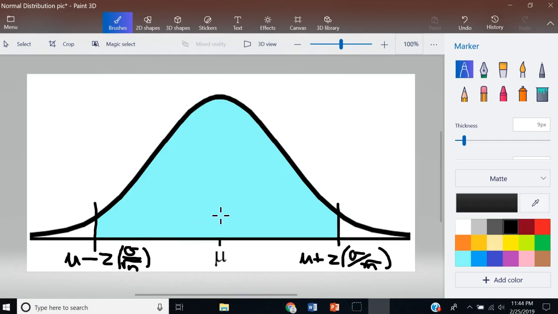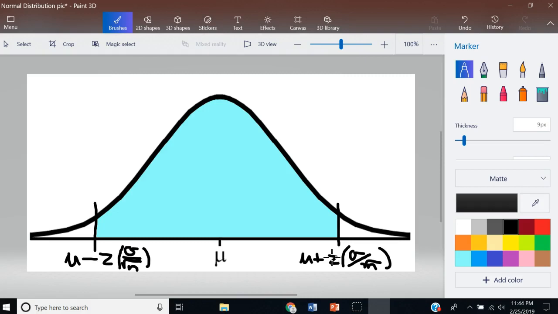But what the central limit theorem says, now that we see it, is that there is a 95% chance that if I have a sample average, it's going to fall between this value and this value.